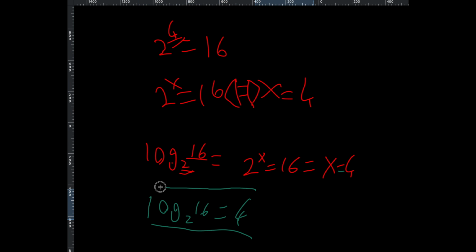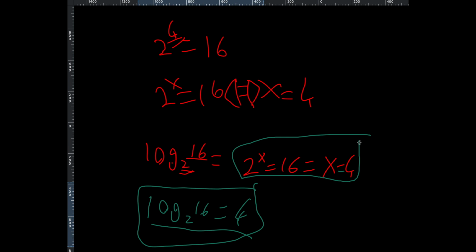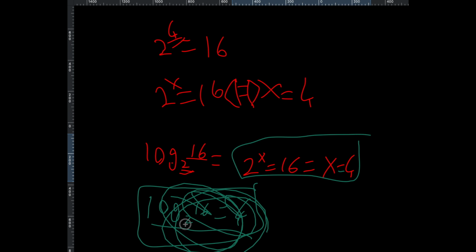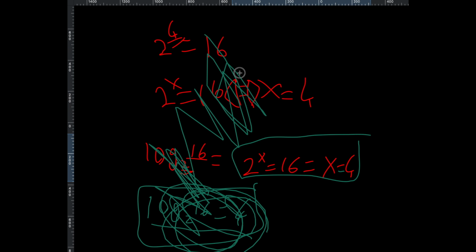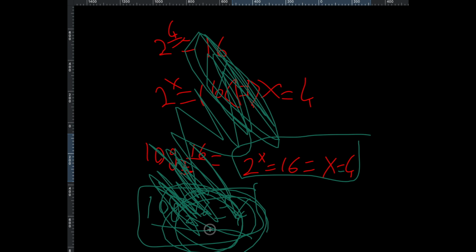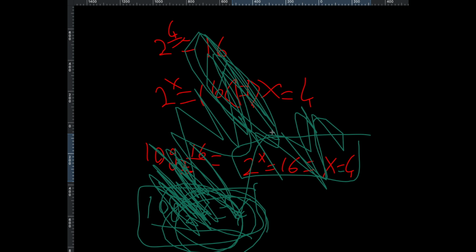So would you write it as this or as this? I think you would say this, not this. This right over here.